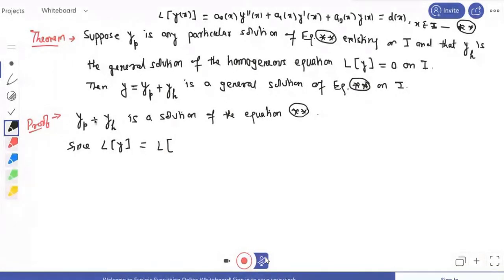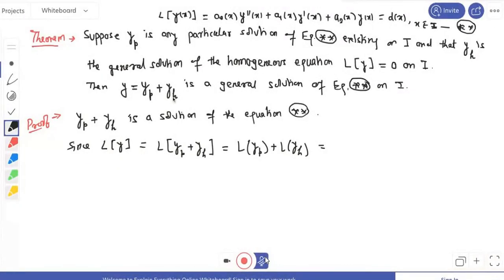If we take yp plus yh as the solution, we simply write L of yp plus yh. This is the linear operator. Okay, and here L of yh means this is the solution of the homogeneous differential equation.